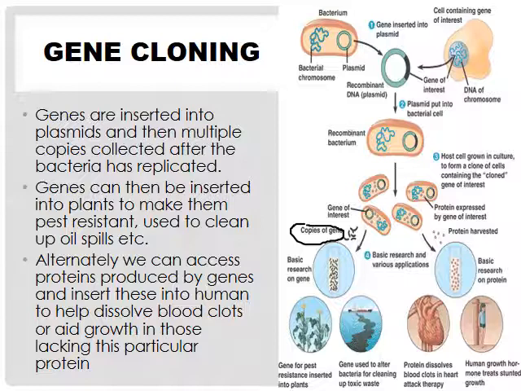So we can use bacteria as little factories to grow human growth hormone. We can use them as little factories to grow proteins involved in dissolving blood clots that are used in heart attack therapy. So we've got this collection of bacteria cells, all with the gene of interest, and we're using those cells as a factory to produce proteins which we're extracting and using in other organisms.